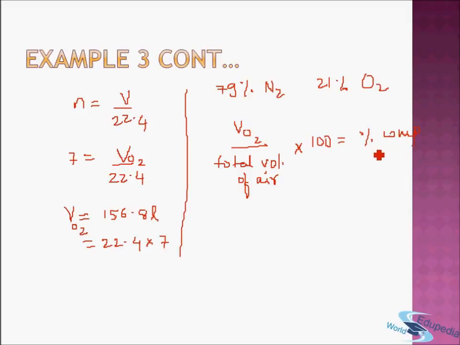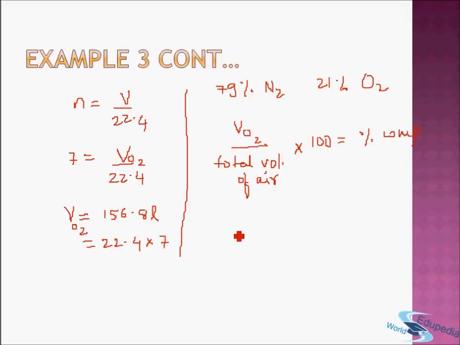If you remember, for example, percentage composition by mass: mass of the particular element or substance divided by total mass into 100. Similarly, moles of substance divided by total moles into 100 is equal to percentage composition by mole.